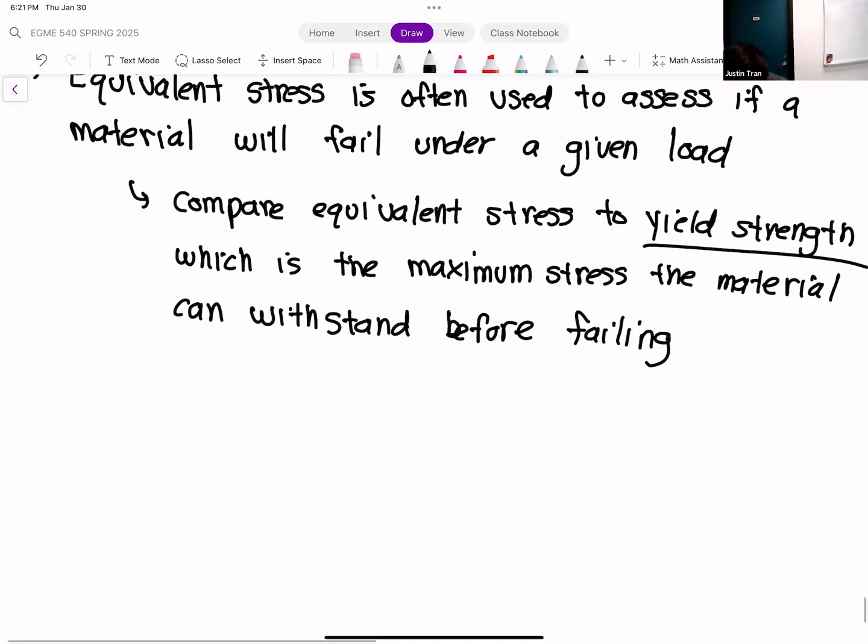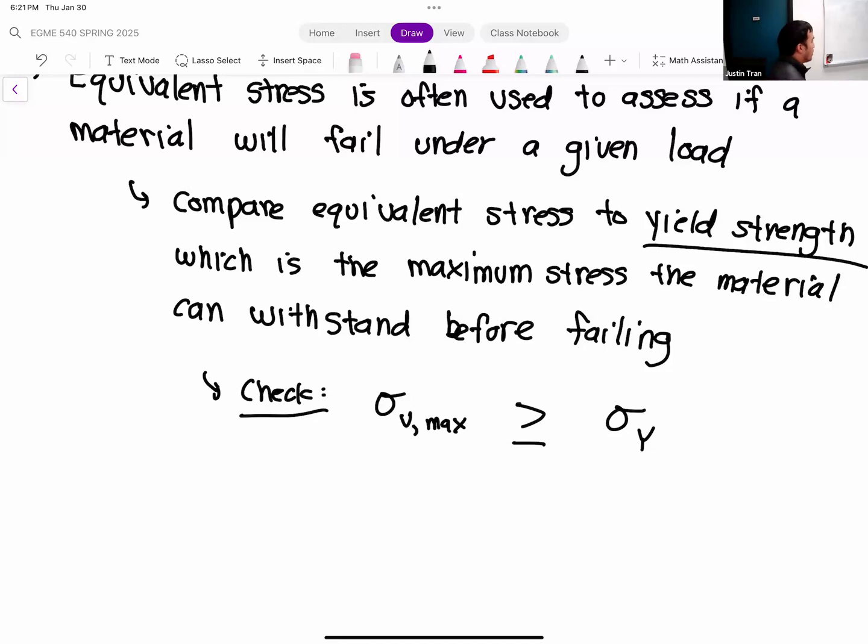In other words, you're going to check the maximum von Mises stress. If that's greater than or equal to the yield strength, which we usually give the symbol sigma y, then your part is going to break.